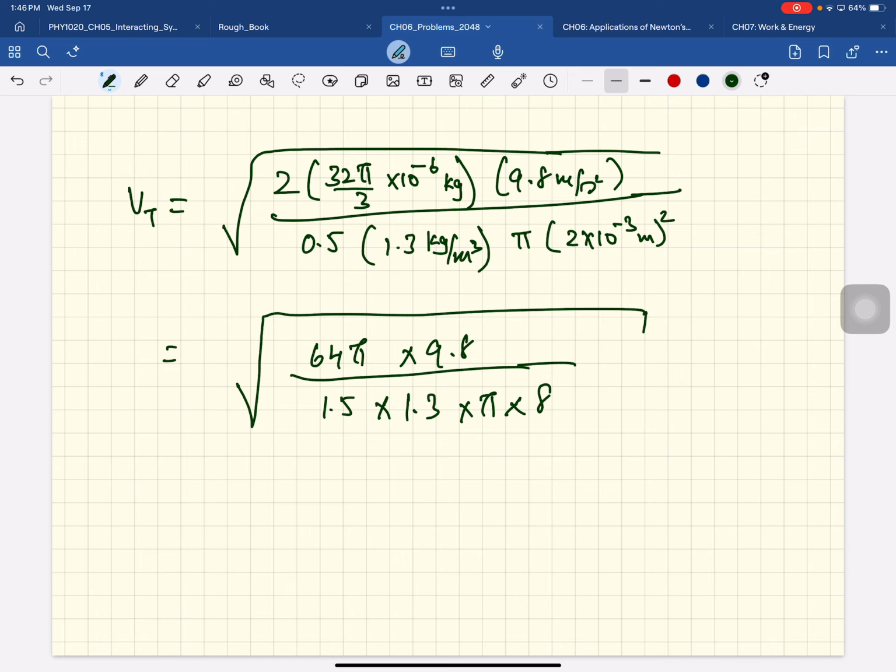Square root of that, and this is the velocity, which will work out in meters per second. 8 pi cancels. All right.